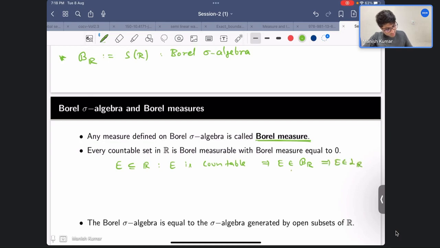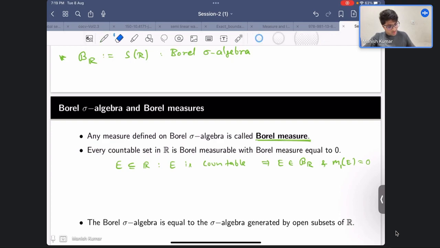Now, let me first state the result. E belongs to B of R, and M of E is 0. Now M is any measure. In particular I am choosing Lebesgue measure, I mean Lebesgue measure on the Borel sigma algebra. This means M1 of E is 0, and this is obvious actually. If something is Borel measurable, it is Lebesgue measurable, right?